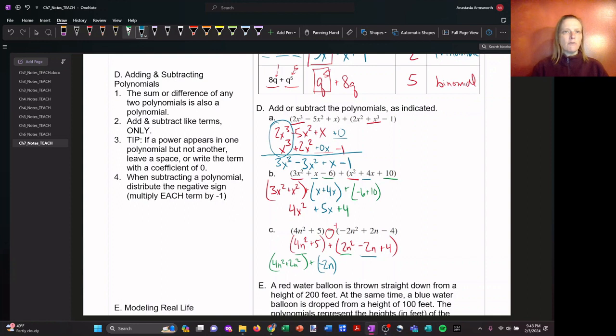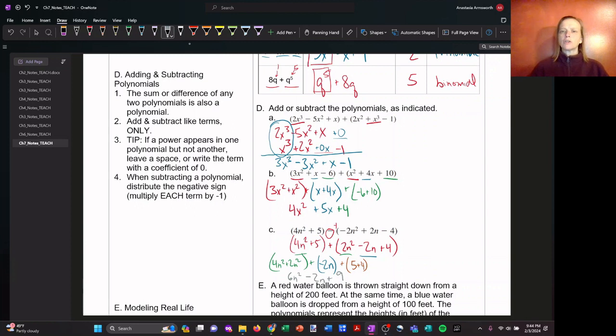I'm going to leave it by itself. And then I'm going to include my constants, 5 plus 4. And then I will add the components together to get my final answer. I've got 6n squared minus 2n plus 9.